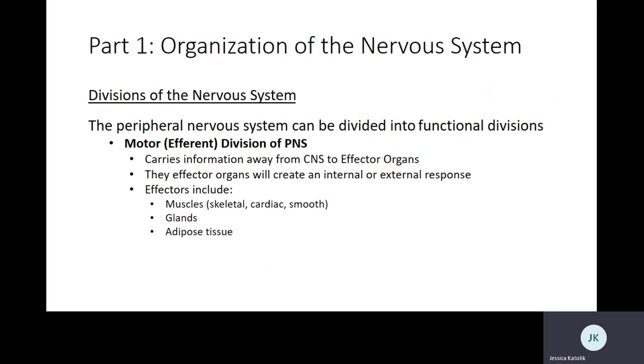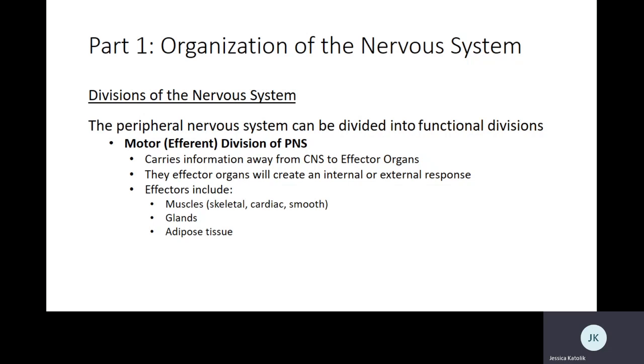Shifting gears a little bit, we're going to talk about the motor and efferent division of the peripheral nervous system. Almost done. Just so you know, the sensory division is known as afferent with an A, and the motor division is known as efferent with an E. I'm specifically saying these terms incorrectly to make it easier to understand over video.